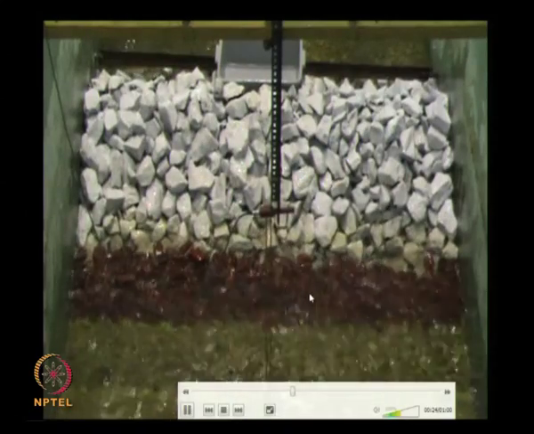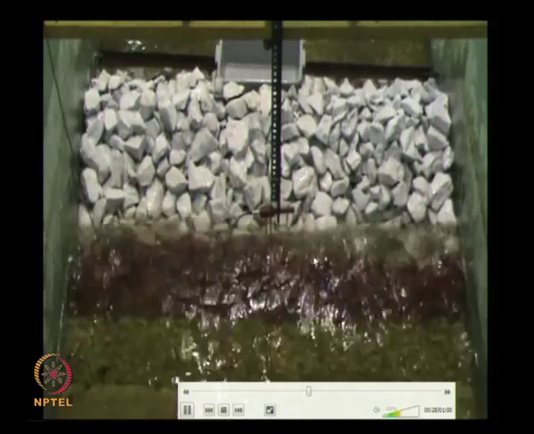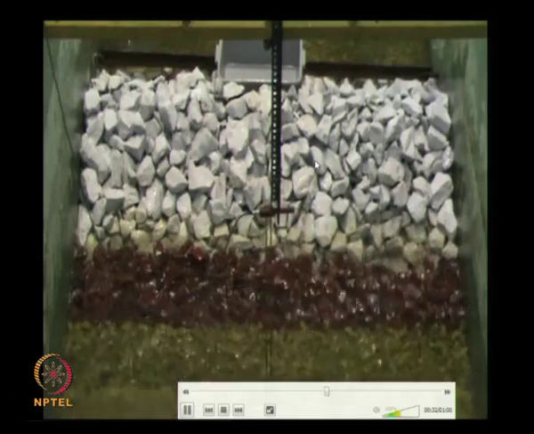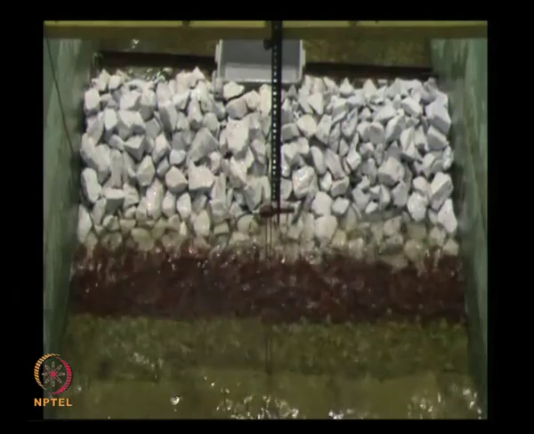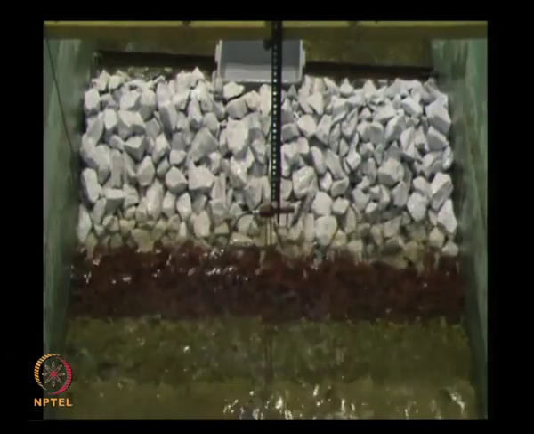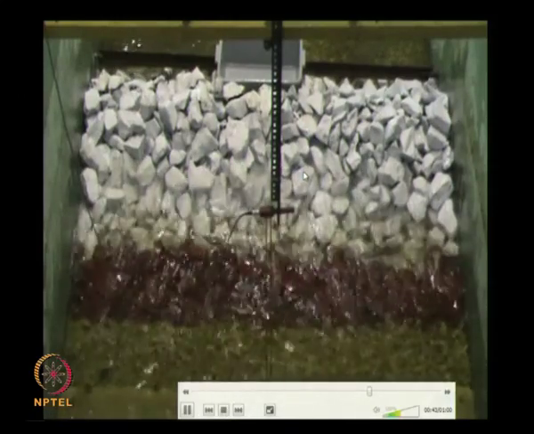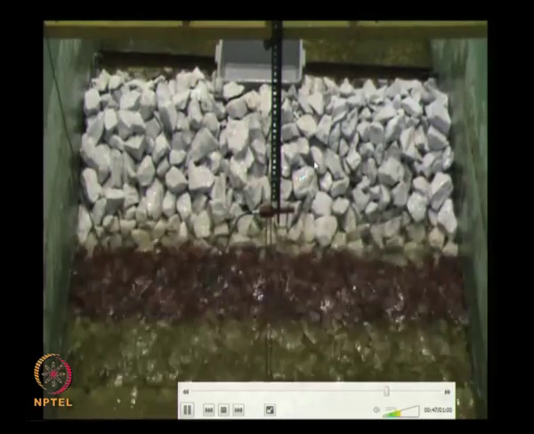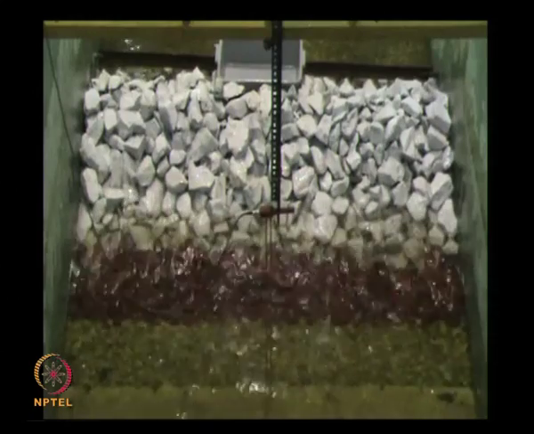When the waves are coming, it runs up over the slope, that is called run up. When the water is running up, it can go on top of it and then overflow, that is called overtopping. Here what is happening is it is splashing only. See, the run up is going only up to this level, and the waves generated are random waves.